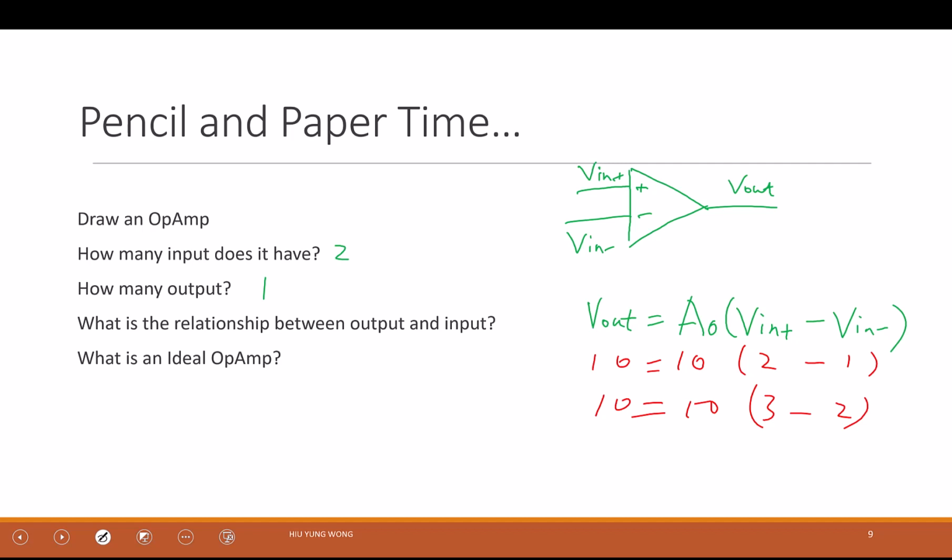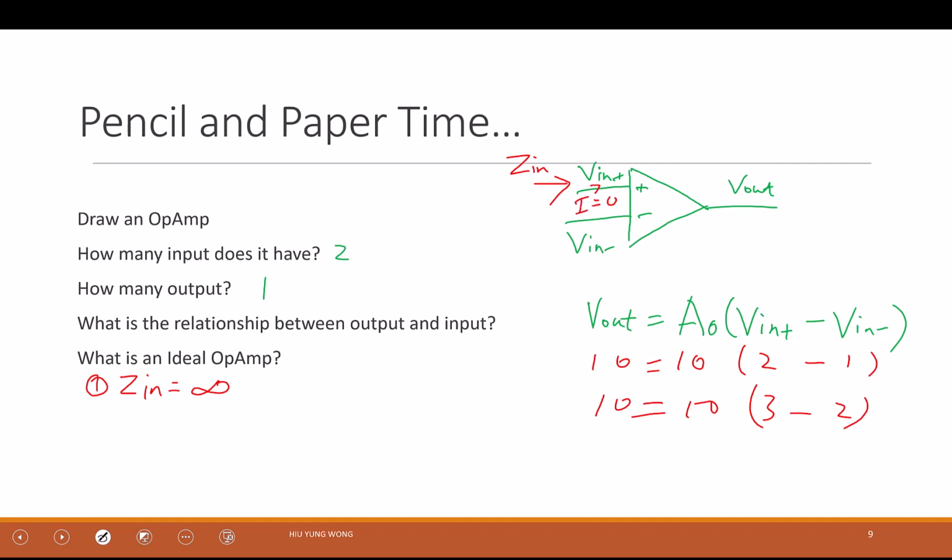What is an ideal operational amplifier? First, what is the input impedance? Do you remember? Infinity, right? When I look into here, I will say very huge input impedance. So no current is flowing into there, okay?